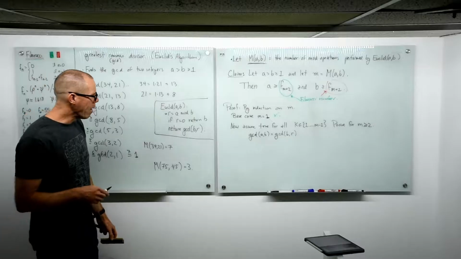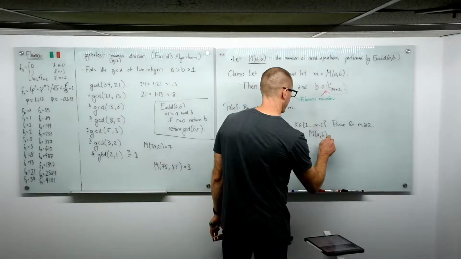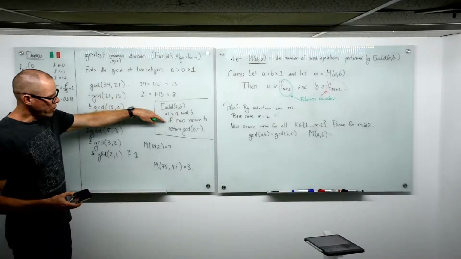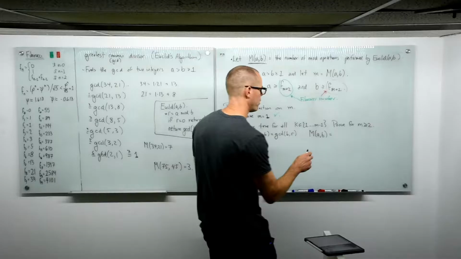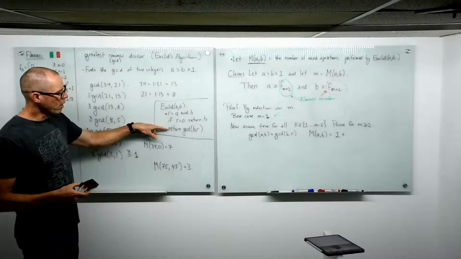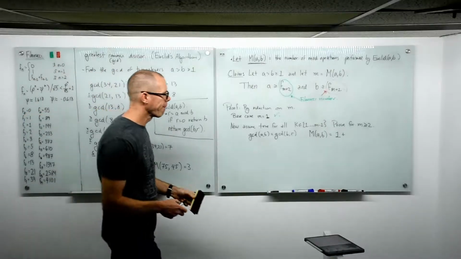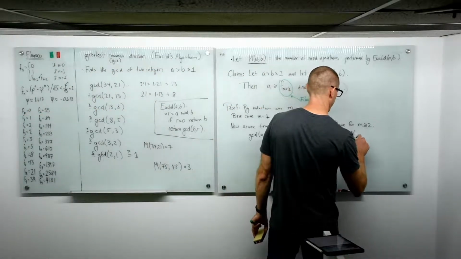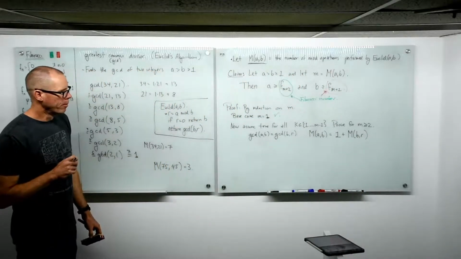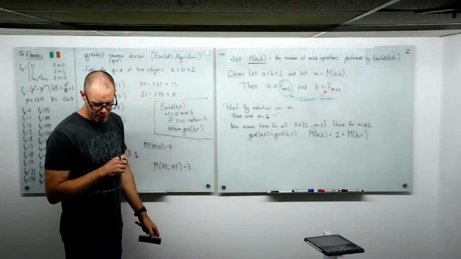Now, what is m of A and B? Well, for m of A and B, the algorithm does one mod operation, and then it calls itself recursively on B and R. So we end up with this kind of recurrence for m.